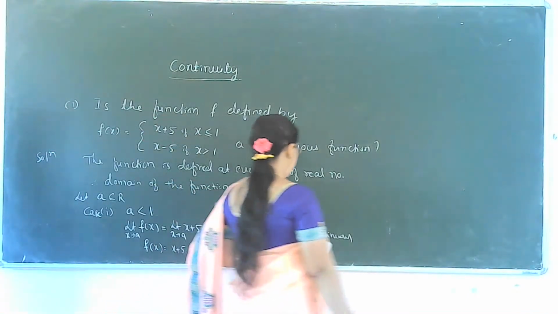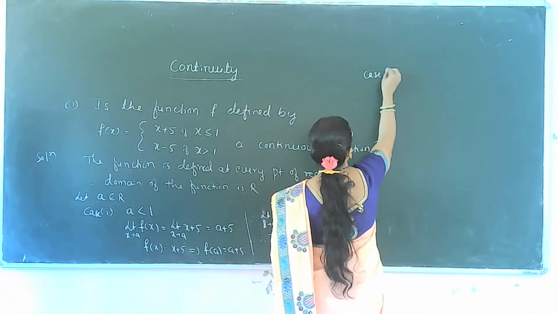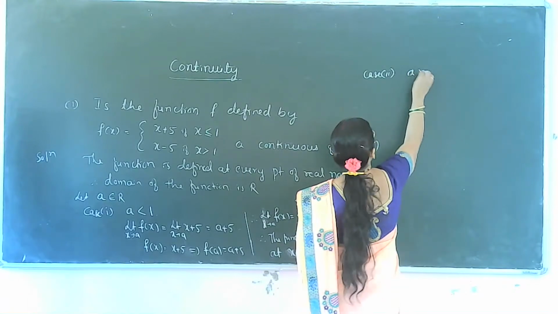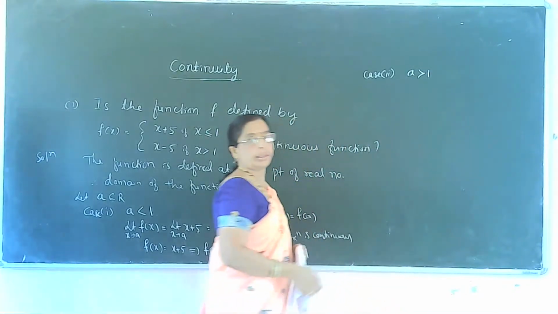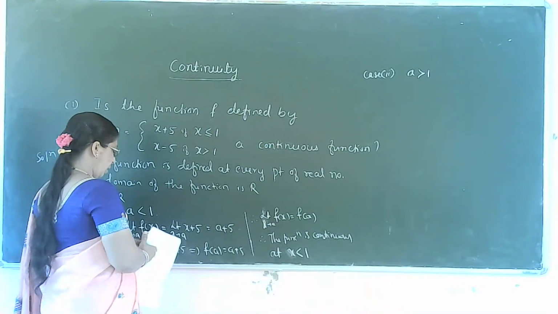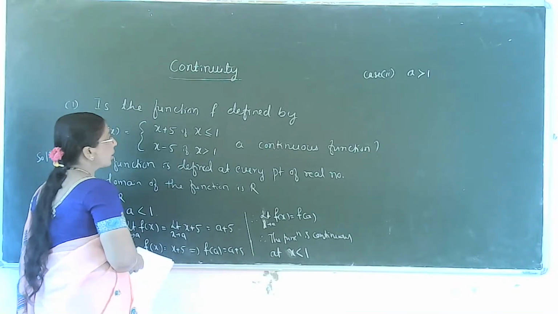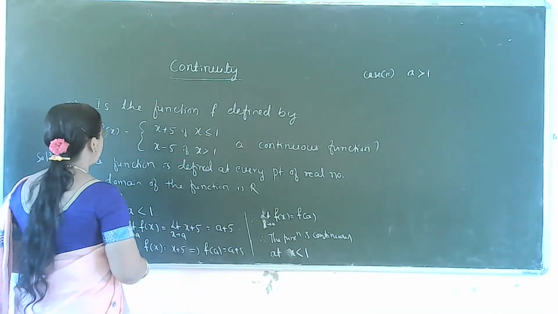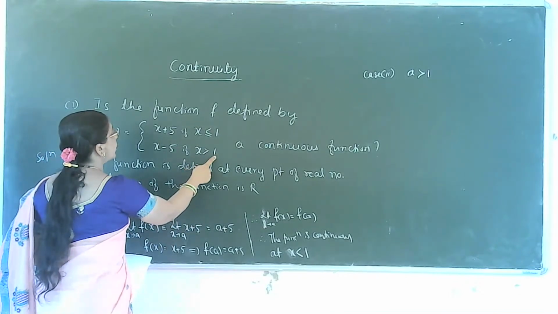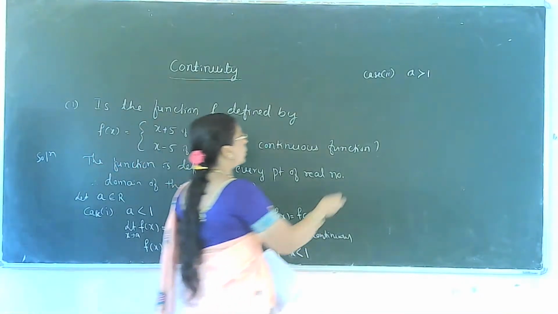Then we take case 2. Here we take a is greater than 1. Here the function for x greater than 1 is x minus 5. The function becomes x minus 5.